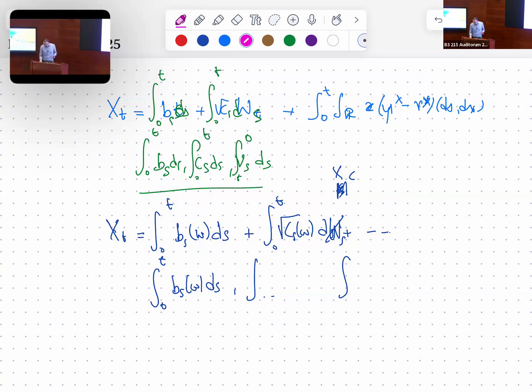okay, but now if you want to encode also, in this setting, a discrete time process, you can still describe it in the same way. It will behave locally like a drift part, and then you would have something like a continuous martingale part, and so on.